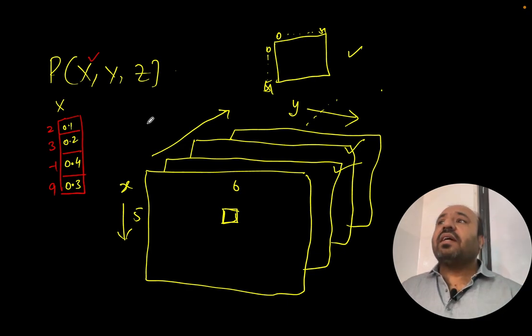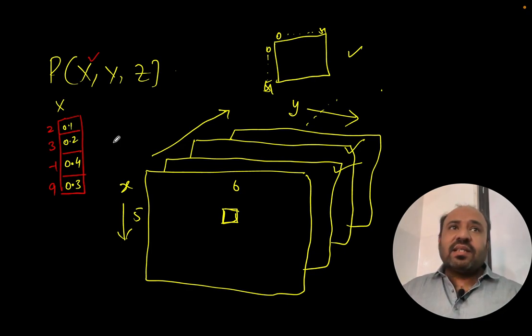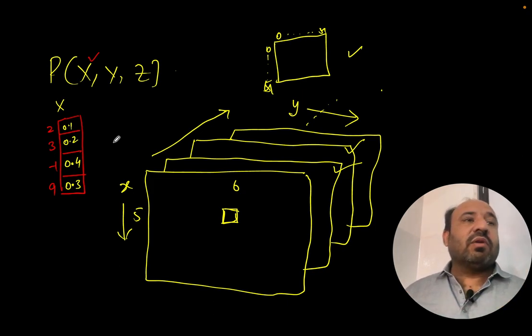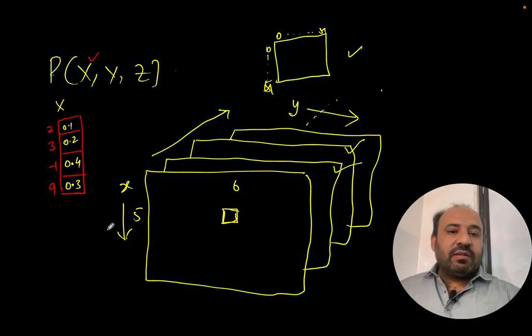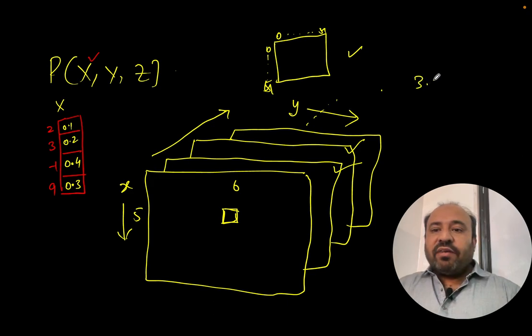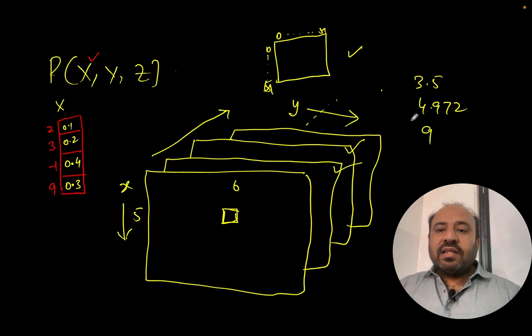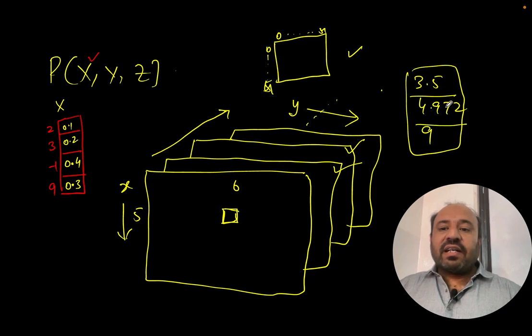No matter whether the data values have decimal points in them. For example, 3.5, 4.972, and 9 itself. This is a discrete set despite the fact that the values are floating point numbers.